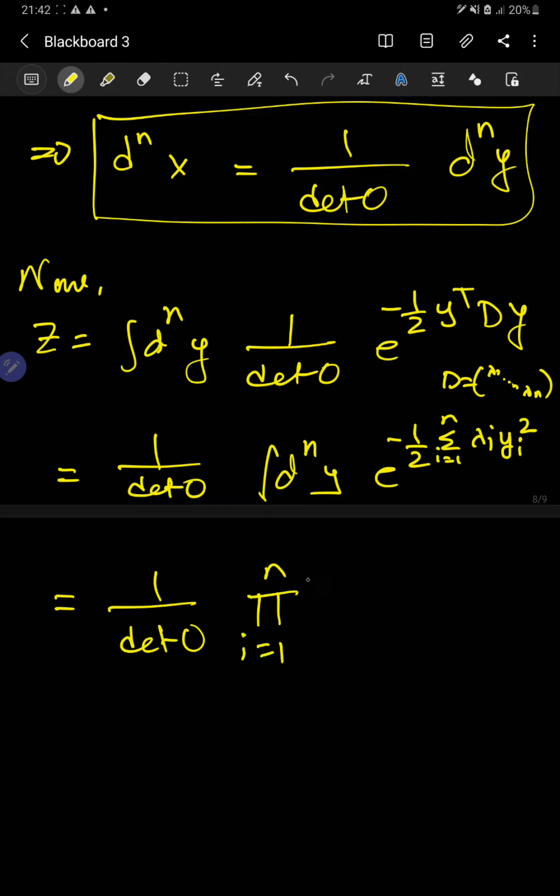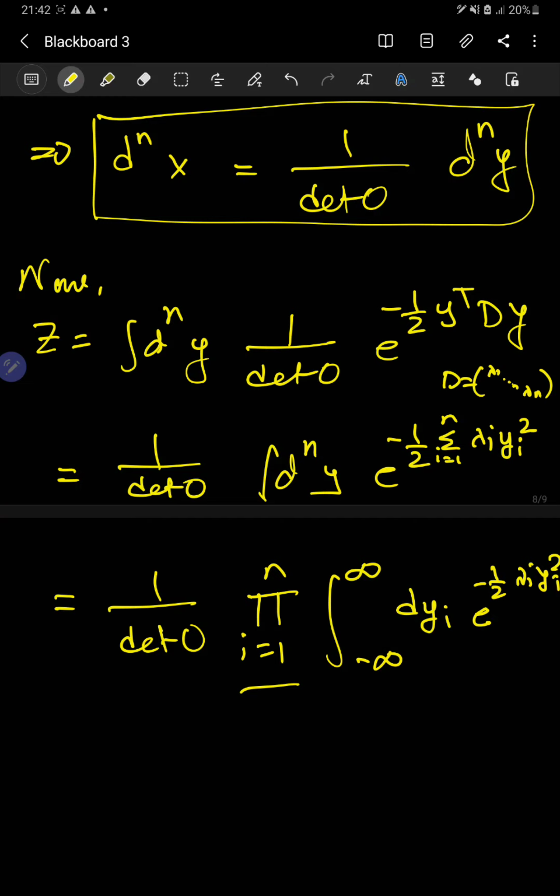Let's now put back our integration limits, so dy_i. Important thing to note here is you can write this using the product sign, because if you have a product of these things, the exponentials add up.